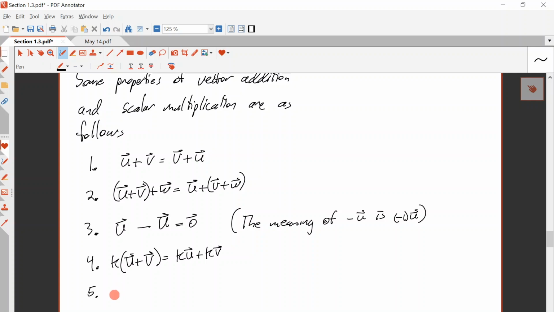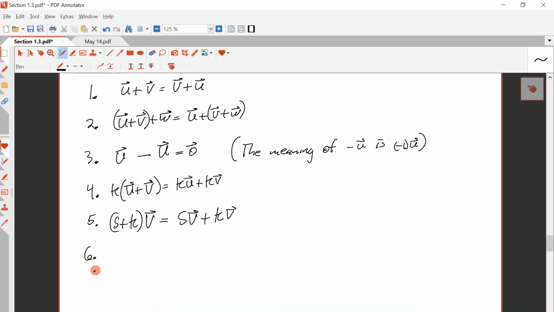5, there's another type of distribution. If you took a sum of two scalars and multiplied by a vector v, then that's scalar s times v plus scalar k times v. You also have scalar s times vector kv is equal to scalar sk times vector v.